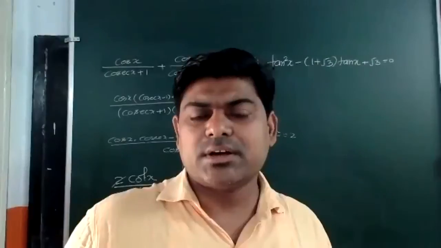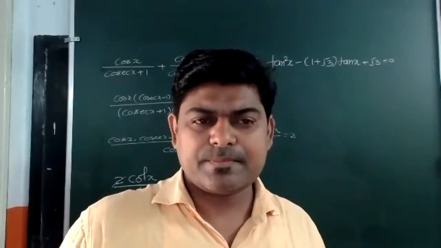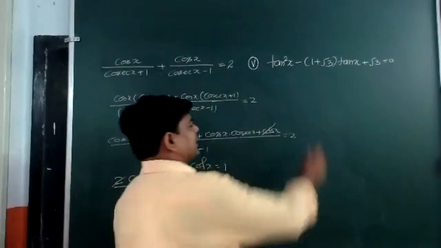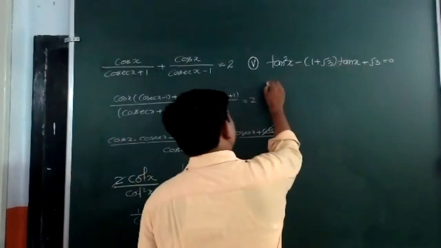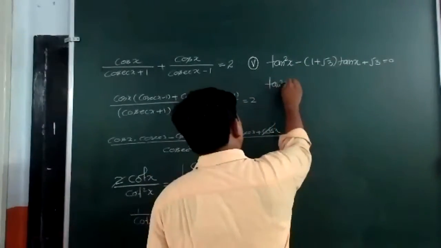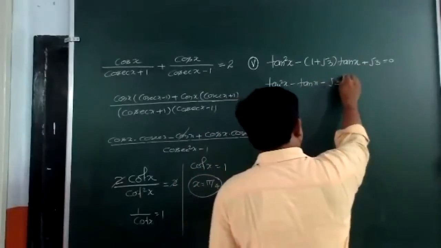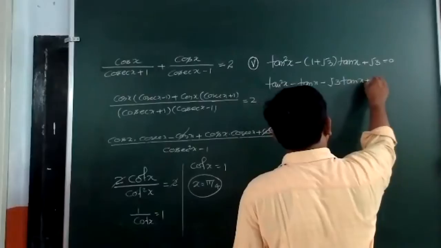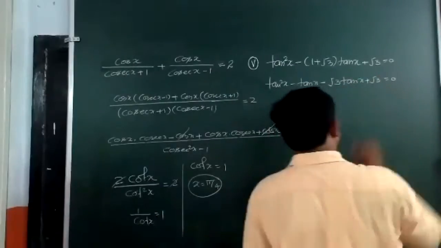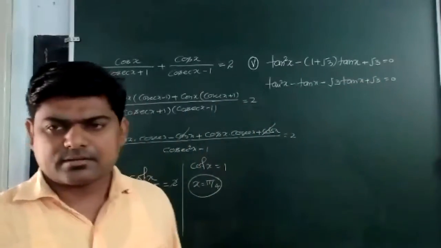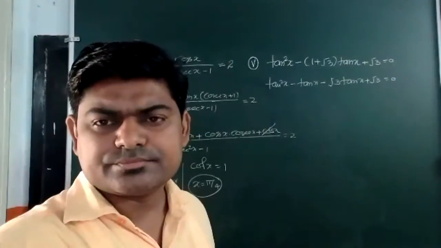If you remember, we have the factorization of a quadratic equation by splitting the middle term. And here I am going to split the middle term in this form only. I am writing here tan square x minus tan x minus root 3 tan x plus root 3 is equal to 0. Is there any doubt here?